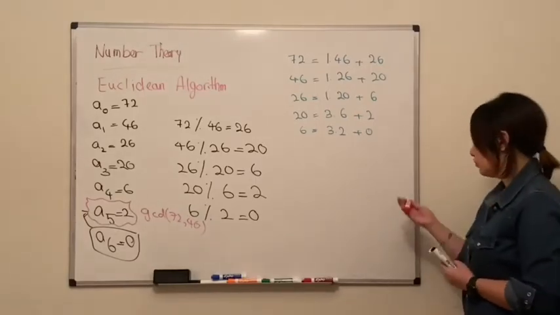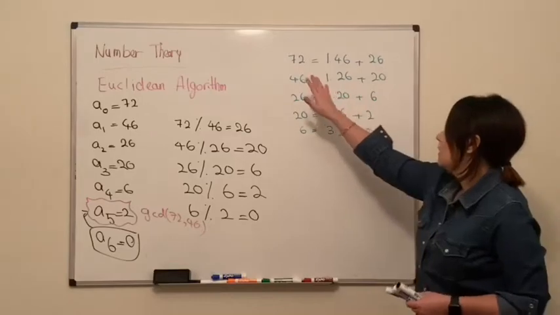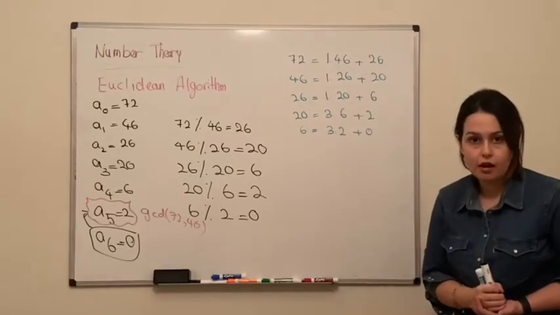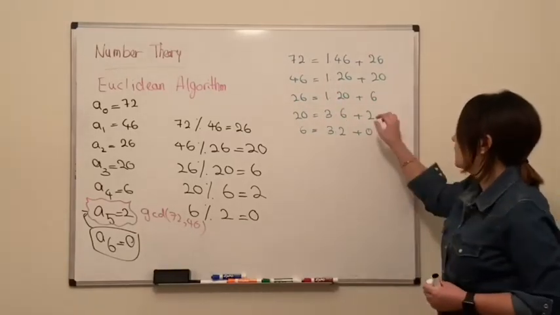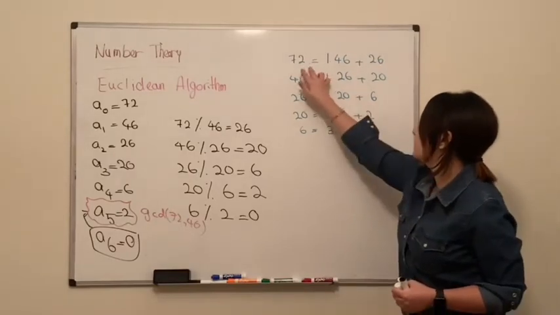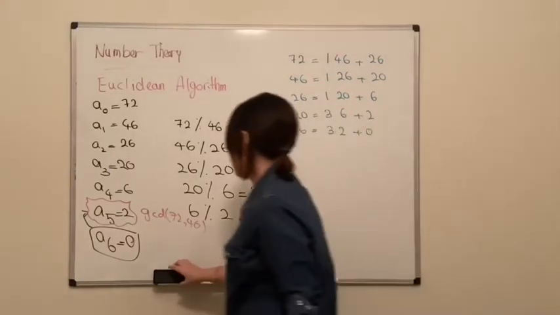Now what I want to do is write each of these as a linear combination of 72 and 46. Let's see what will happen.